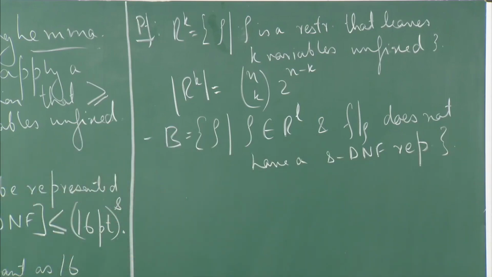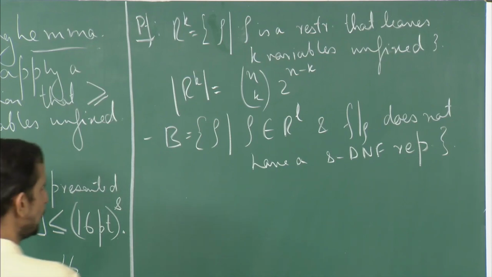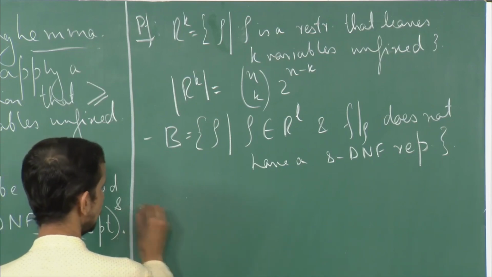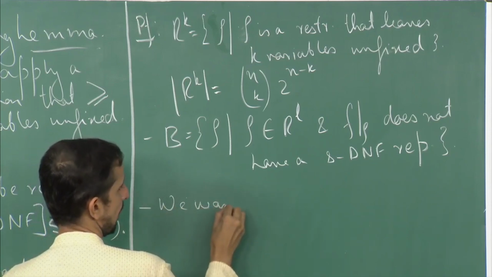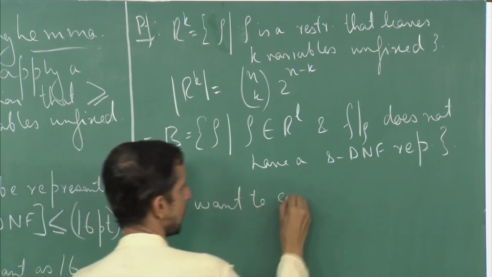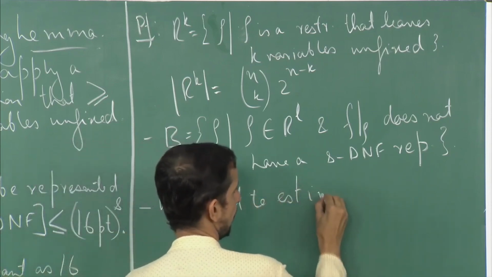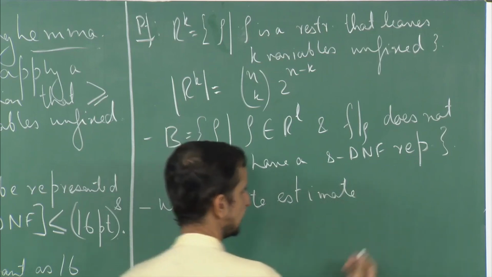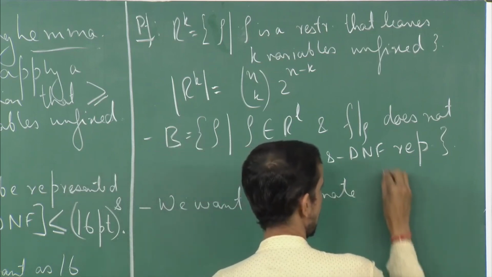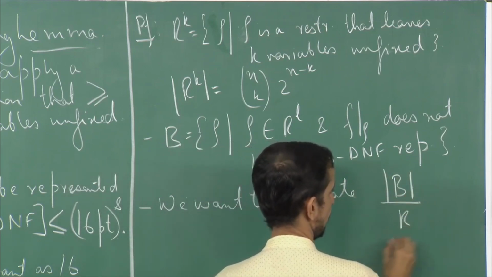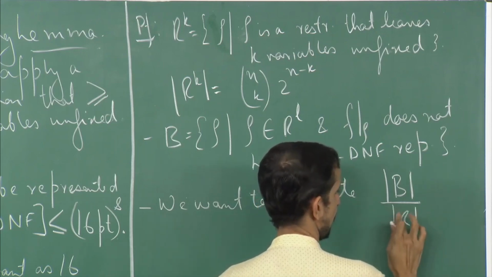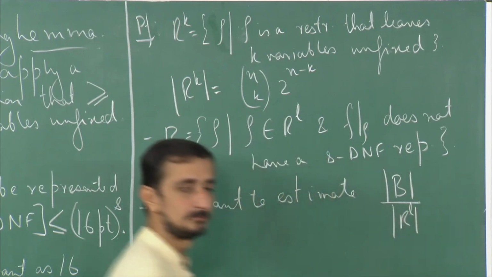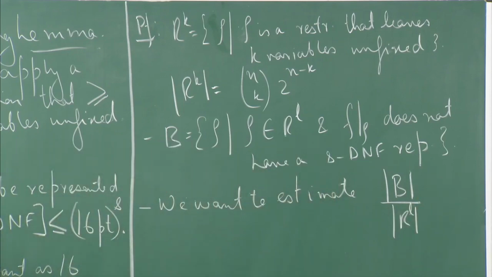So now what do we want to estimate? We want to estimate the quantity size of B divided by size of R_l.